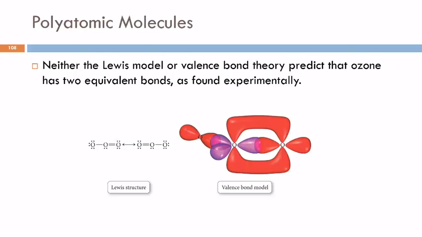What would the bond angle be if we made a triangle out of it? 60. That's a lot smaller angle. There's going to be a lot of strain if we try to do something like this, where we've got oxygens making a triangle. You could draw a Lewis structure like that, but it's not going to work.